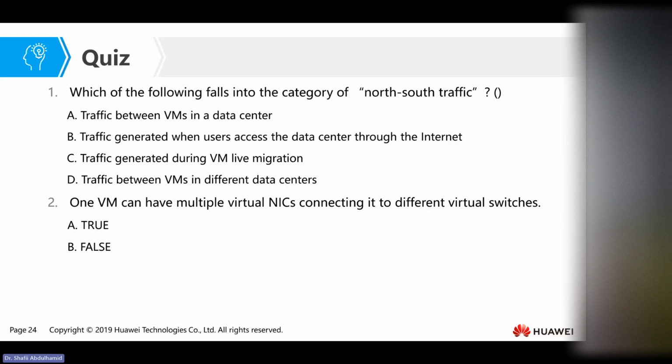Okay, let's see what happened. C. Traffic generated during virtual machine live migration. And then lastly, D. Traffic between virtual machines in different data centers.